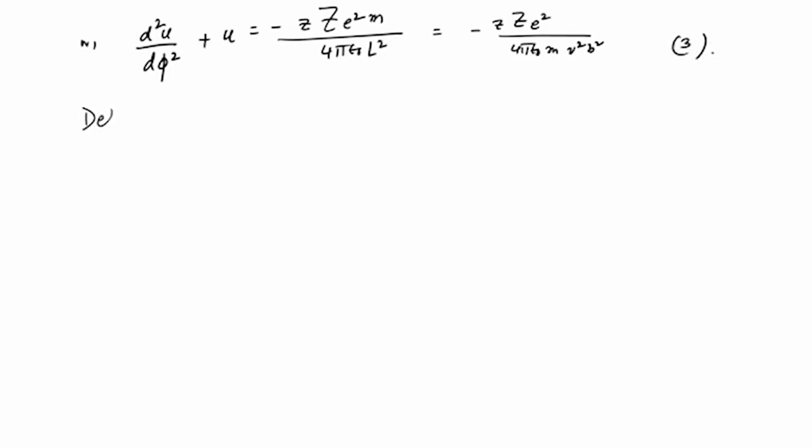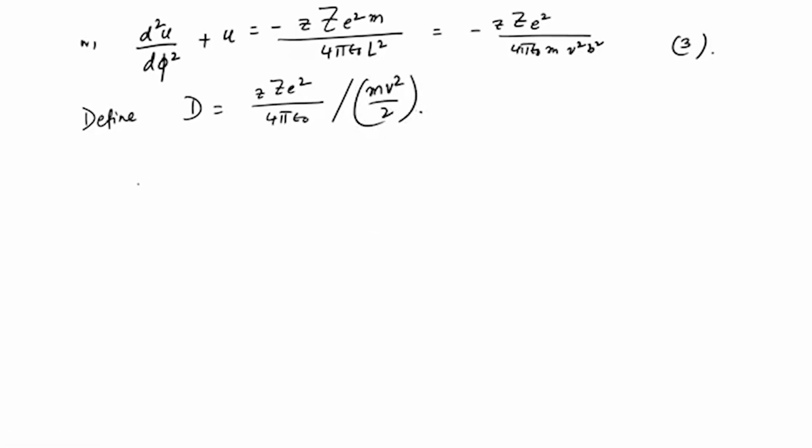Now, define d, d by 2 is shown there, that is basically a length scale. So, that is like 4 pi epsilon 0 divided by m v square by 2. So, that is a kinetic energy. Okay.